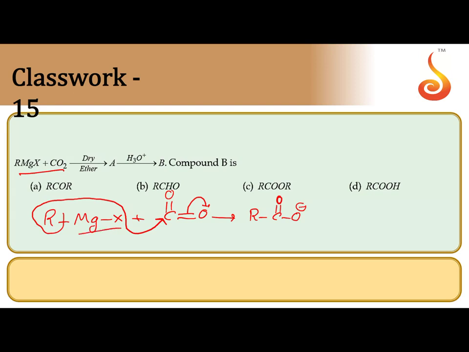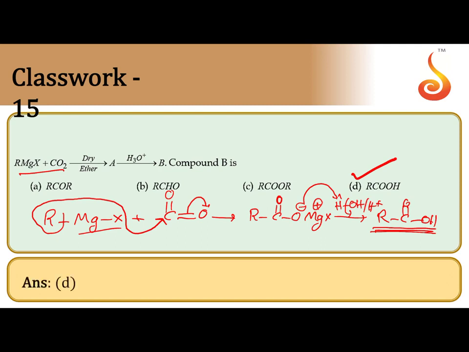This O minus can combine with the cation MgX plus. This is a salt-like adduct. After this, on acidification, O minus takes H plus, forming RCOOH. This is one of the best methods for the preparation of carboxylic acids. So the correct answer is D.